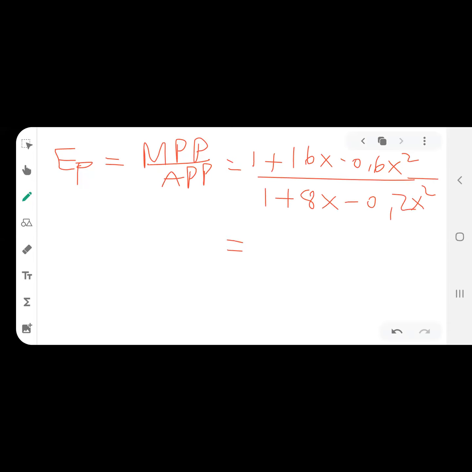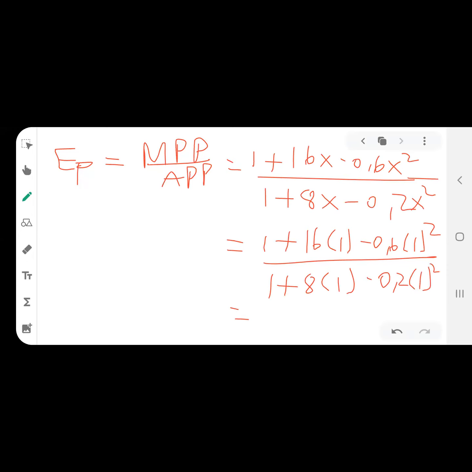They said x is 1, right? So you substitute 1 here when you see x: 1 plus 16 multiplied by 1 minus 0.6 multiplied by 1 squared, over 1 plus 8 into 1 minus 0.2 into 1 squared. And then you give us the answer.